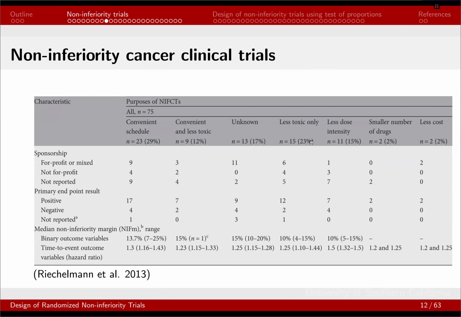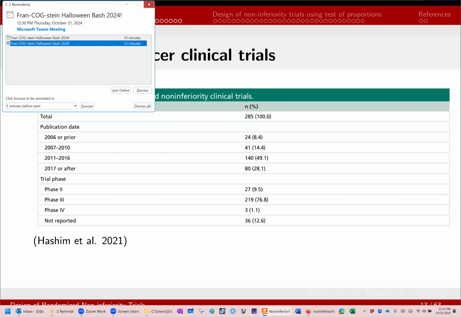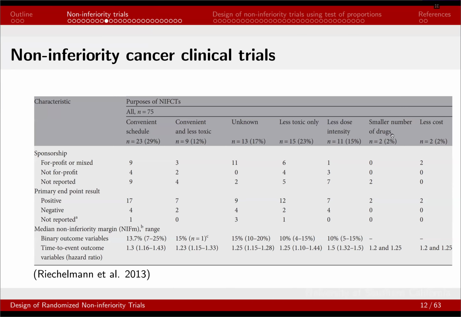Another 23% evaluated treatments that are less toxic. 15% of the trials evaluated treatment that has less dose intensity. For 2 trials, the treatment involved a smaller number of drugs. For 2 trials, the treatment is less expensive. Unfortunately, 13 trials failed to report the purpose of their studies.